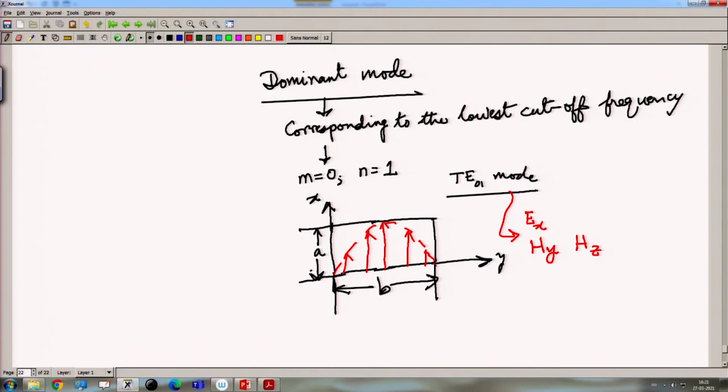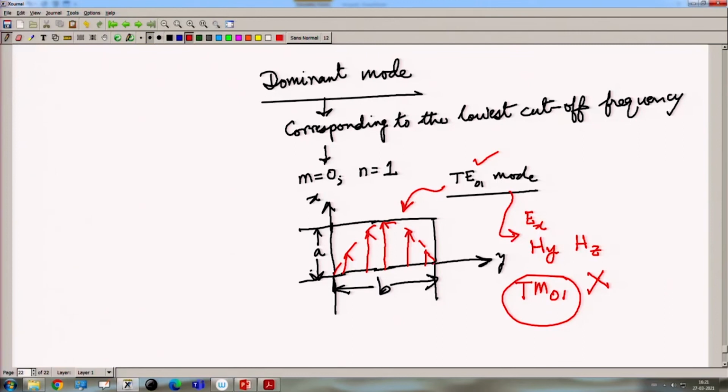So, this is the electric field distribution of the TE01 mode. The TM01 mode will be degenerate to the TE01 mode, in the sense that it is going to have the same cutoff frequency as the TE01 mode, but however, the fields of the TM01 mode are 0. So, therefore, the TM01 mode does not exist.